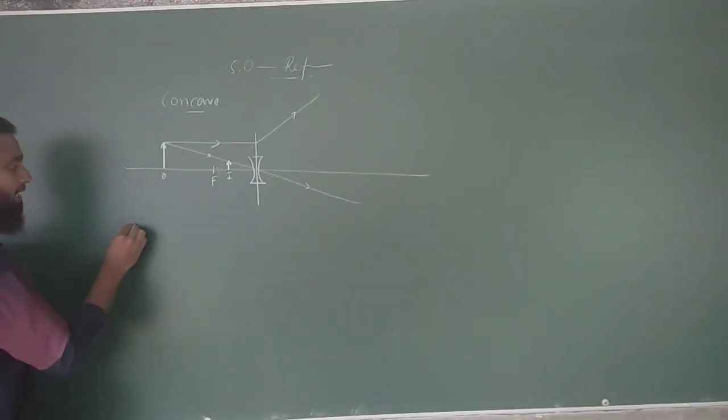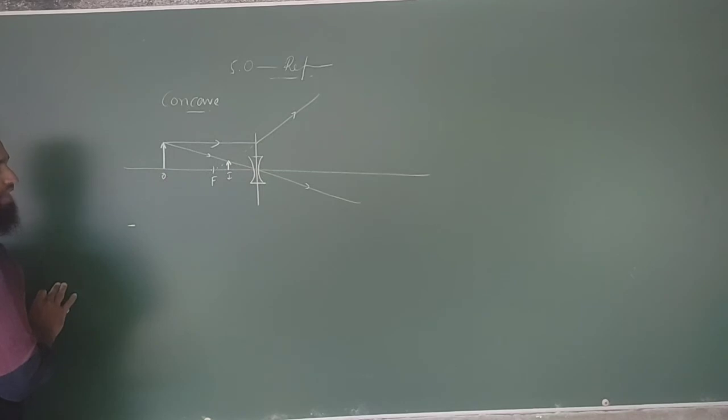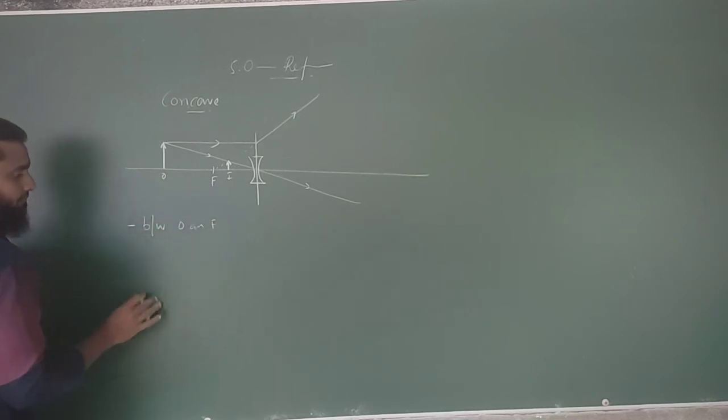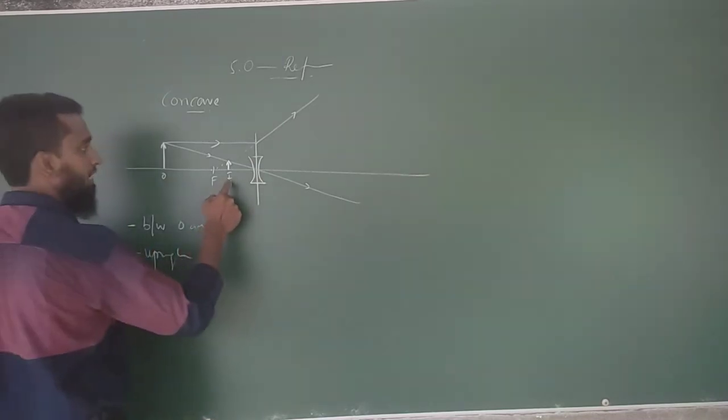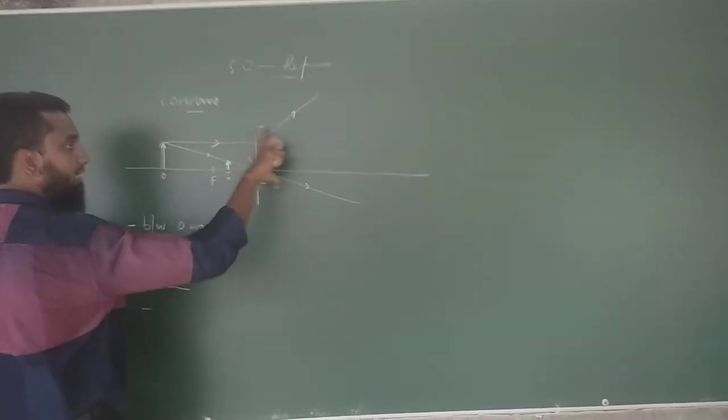The characteristics of the image: the first character, where we are obtaining it, between O and F. The second character, the appearance, upright. The third character, size, diminished. Fourth character, the type, right? This is an image that is not obtained from the real rays.